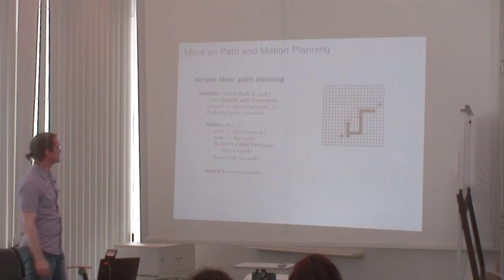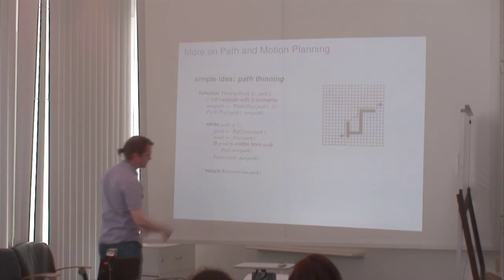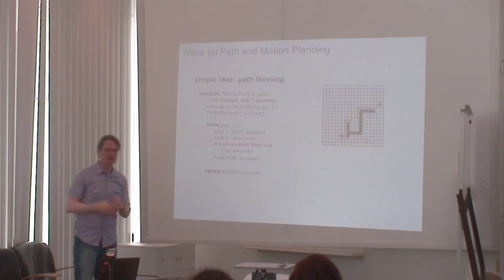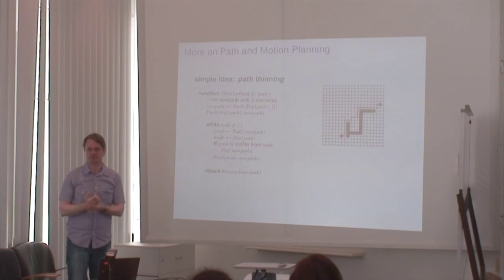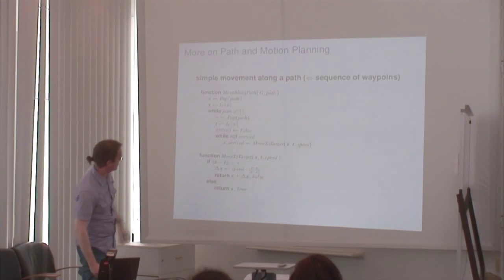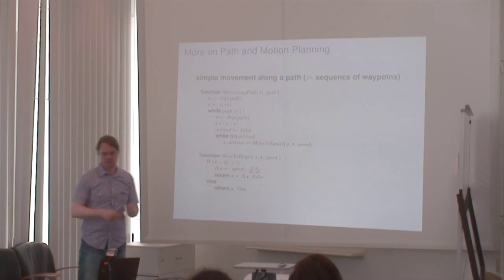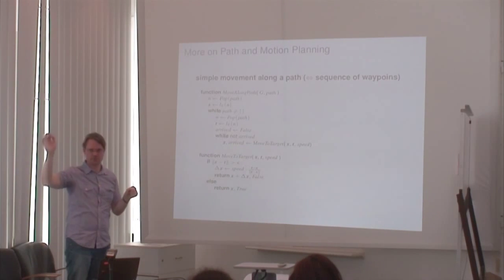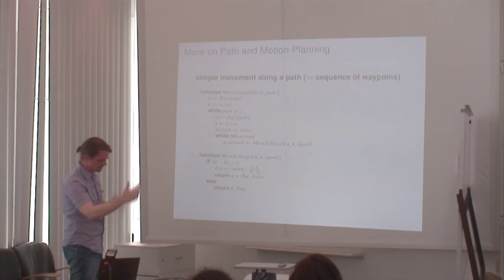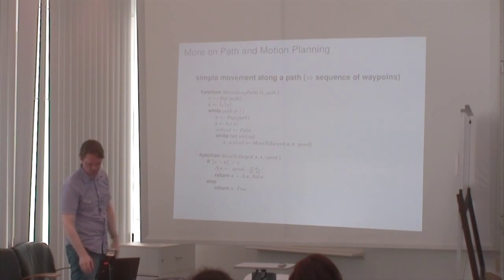So one idea could be to thin out these paths, that is, remove certain nodes from these paths, because using this idea we can move freely between one node and the other. So we don't have to move from any node to any other node in this path. Any subsequent, we can get rid of some of the nodes.